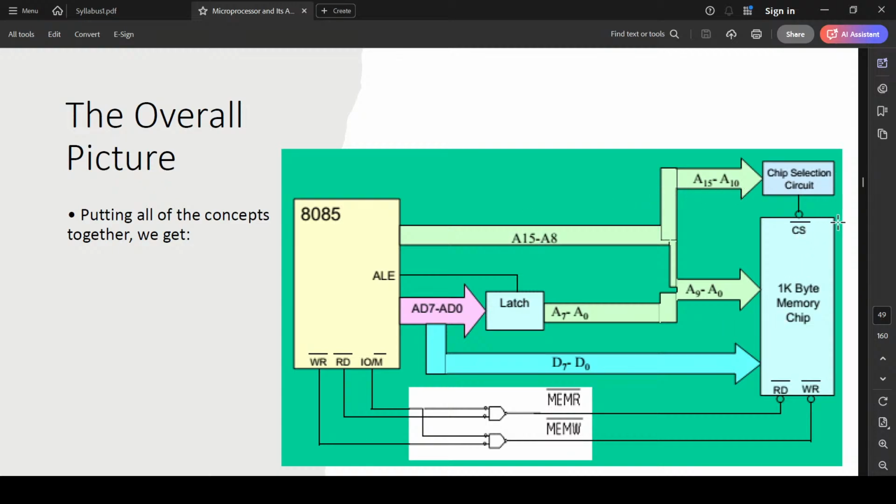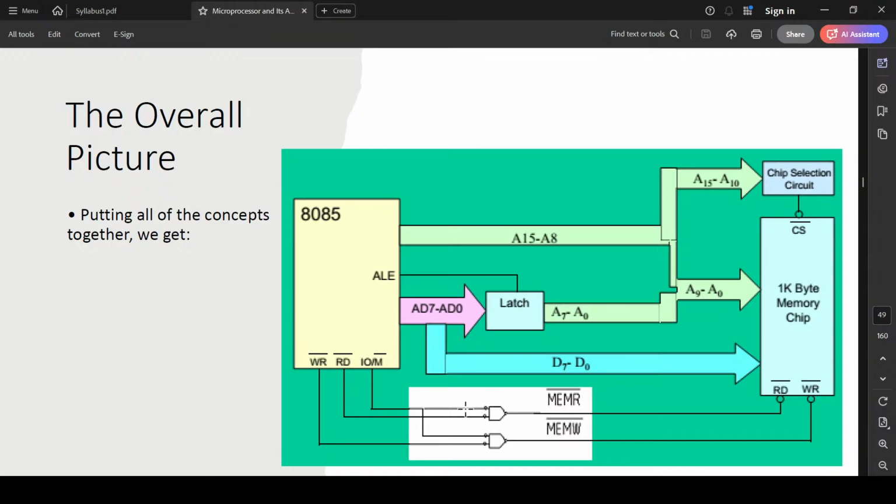There is a memory chip here. Lines 0 to 9 will go to the 1 KB memory chip, with control signals. Lines 10 to 15 will go to the chip selection circuit. On this 1 KB memory chip, we can write or read. So read, write, input, output, and memory.